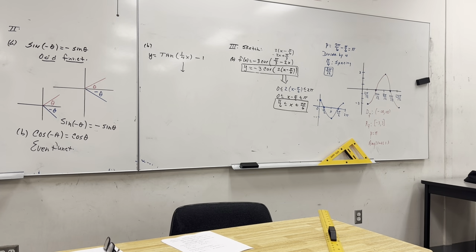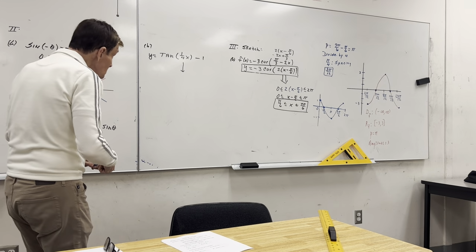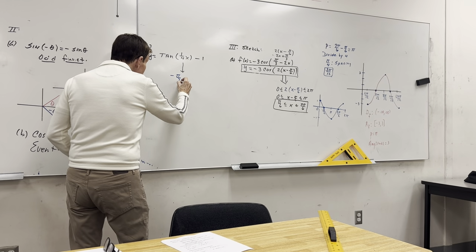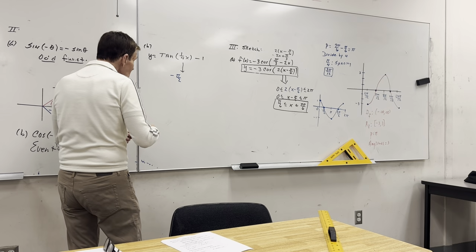Give me one of those cycles and how we bounded it for the parent tan graph. Jacob? I believe that we found it between negative pi over 2 and positive pi over 2. Love it.